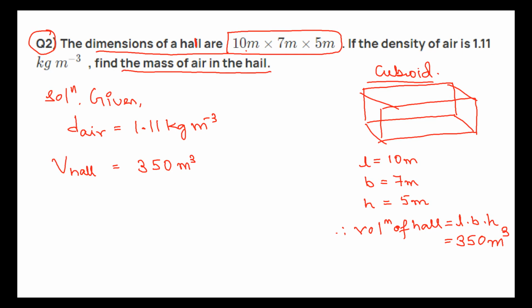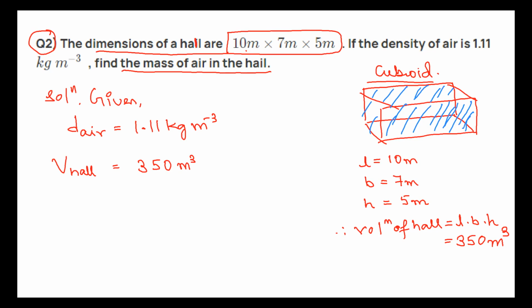Now, mass of the air, whatever will be, since we know that whatever is the volume of the hall, same is the volume occupied by the gas. Yes or no? Where are the air molecules? The air molecules are itself in the hall. And we know that gases do not have fixed volume.